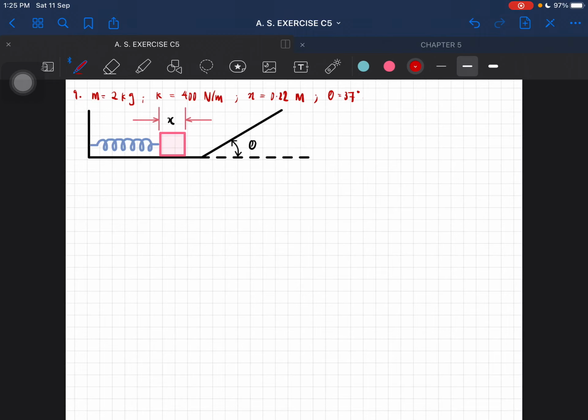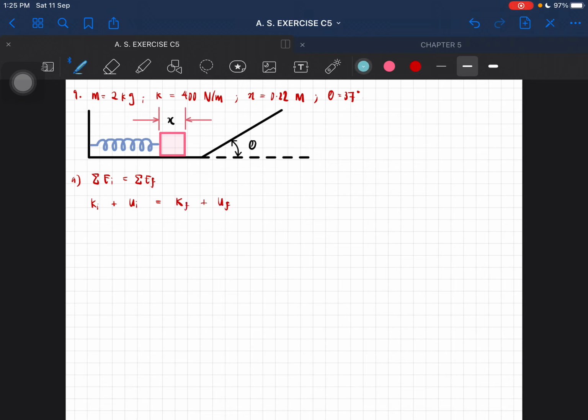We know that energy is always conserved, right? So energy initial will be equal to energy final. We have K initial plus U initial equal to K final plus U final.